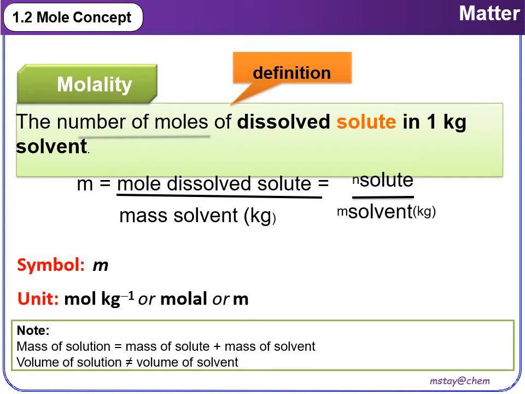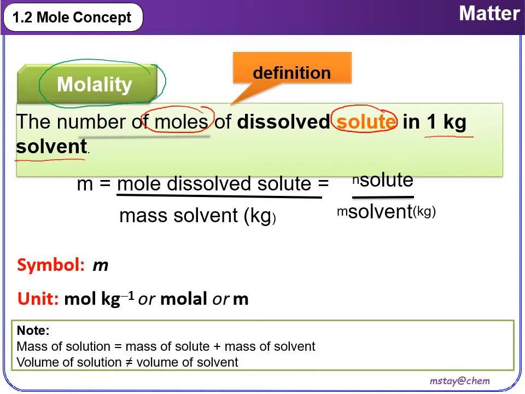Now we look at the second concentration measurement, which is molality. If you notice the spelling, the difference is the R replaced by the L. Now look at the definition. Mole of solute, which looks similar to the molarity that we discussed just now, dissolved in 1 kilogram of solvent.